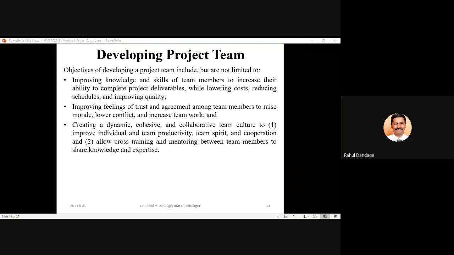Cross training and mentoring is very essential for the sharing of knowledge and expertise.